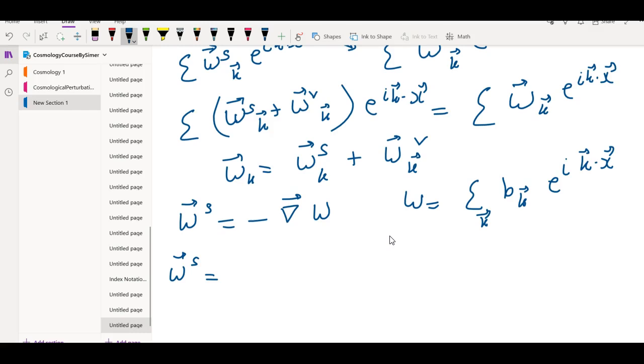After taking the gradient of this, and we have a negative sign here, this is what we get.